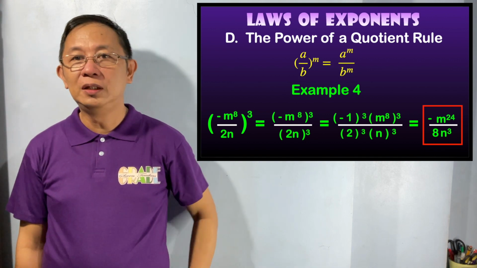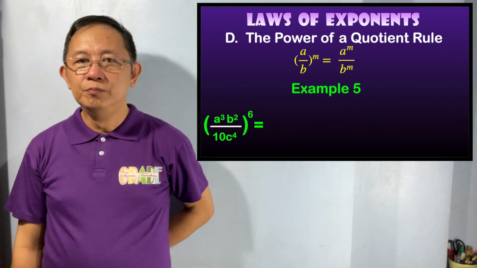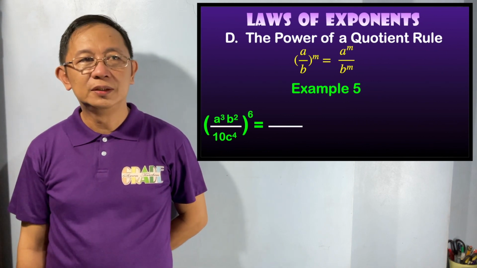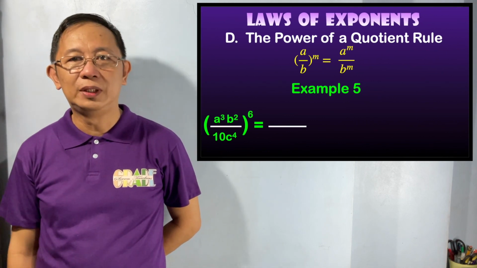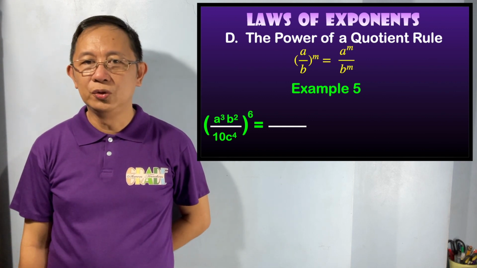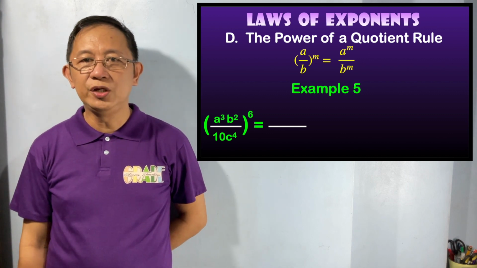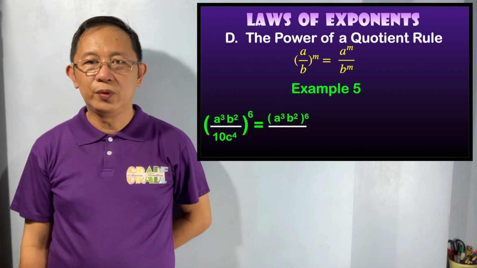Example number 5. Quantity a cubed b squared over 10c to the 4th power raised to the 6th power. So you will share 6 to the numerator, which is a cubed b squared.